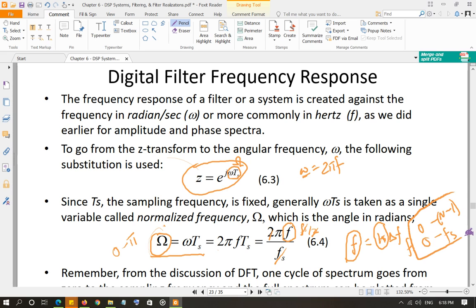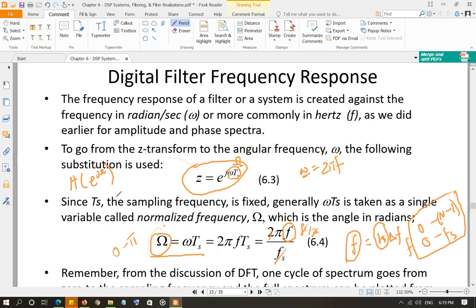That was one of the properties of the DFT. The same property holds for H of e to the j omega, which is a complex number. H of e to the j omega is what I'm referring to when you replace z by e to the j omega.